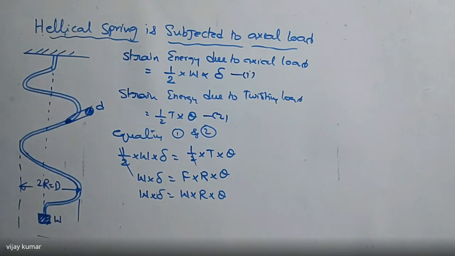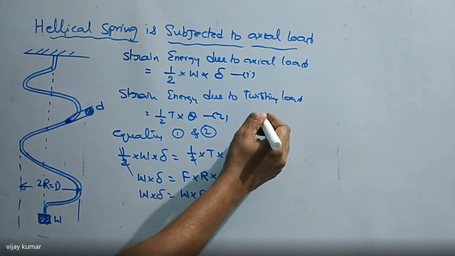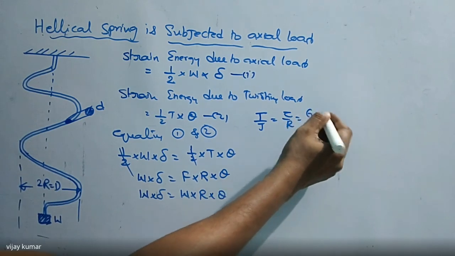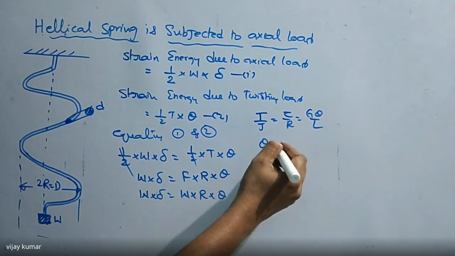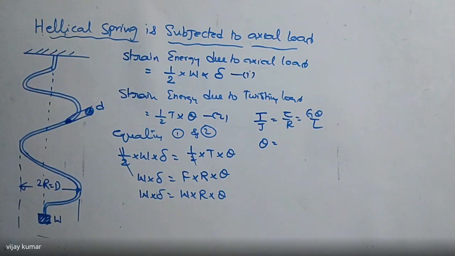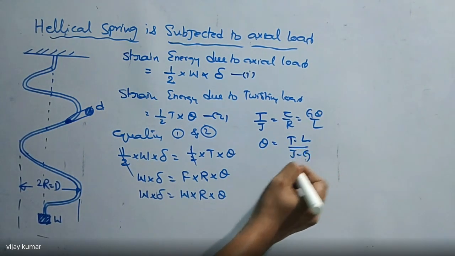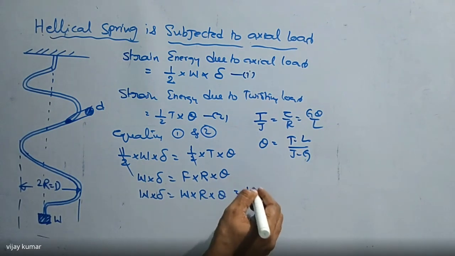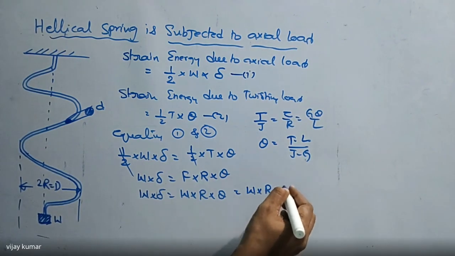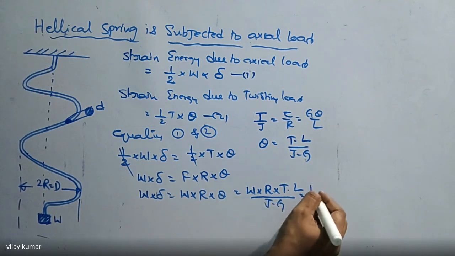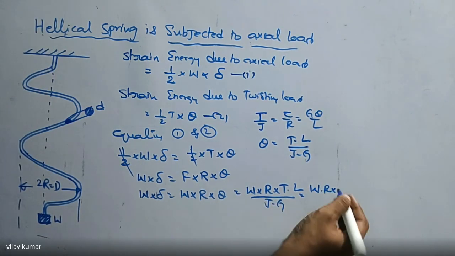What is theta? Theta comes from this equation: T by J is equal to tau by R is equal to G theta by L. So theta is equal to T into L divided by J into G. So I'm going to write W into R into T into L divided by J into G. What is the T value?